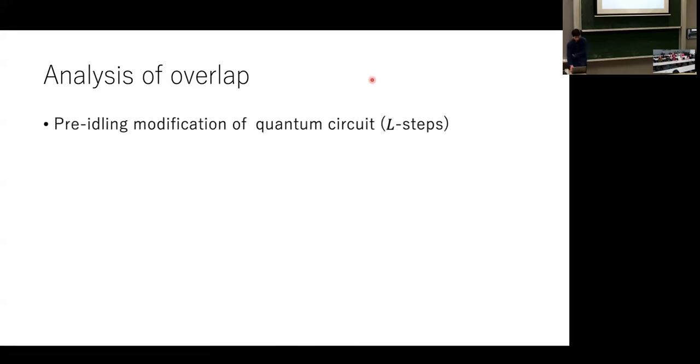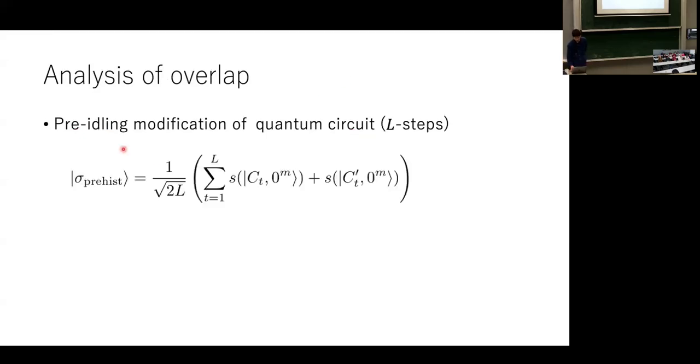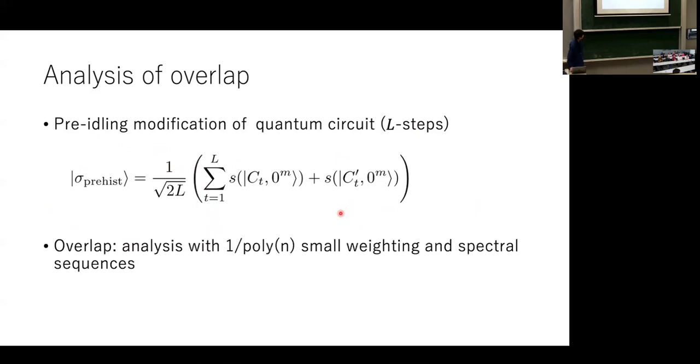Finally, I will briefly mention how we do the analysis overall. First, we modify the quantum circuit by adding pre-idling steps, which means adding identity gates before performing the quantum computing, and we can choose a subset state in a chain space as a harmonic representative of a hole.